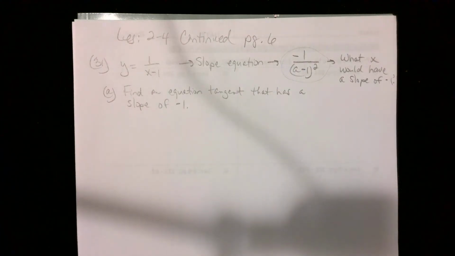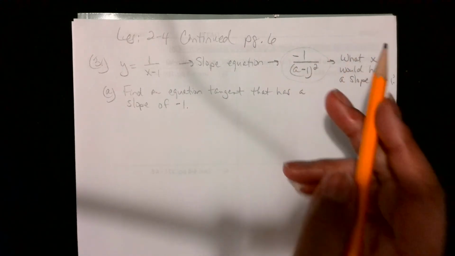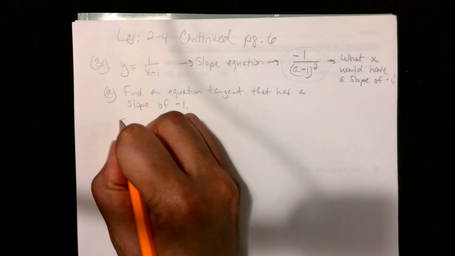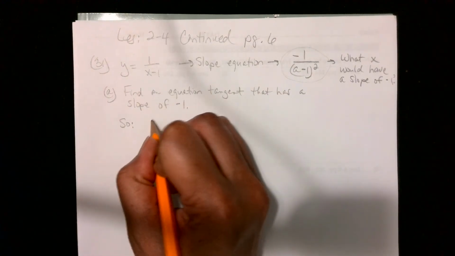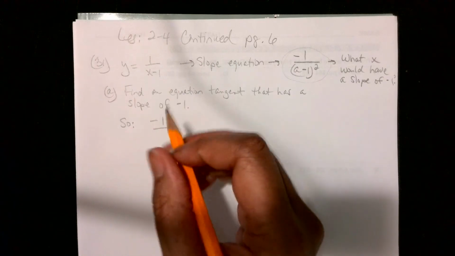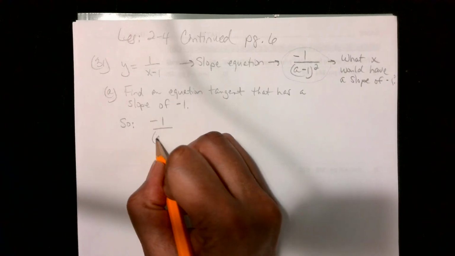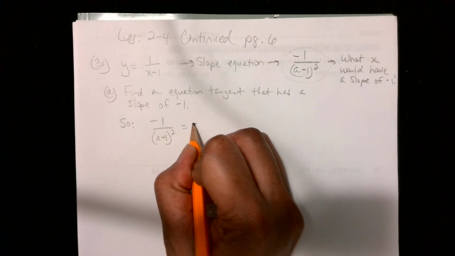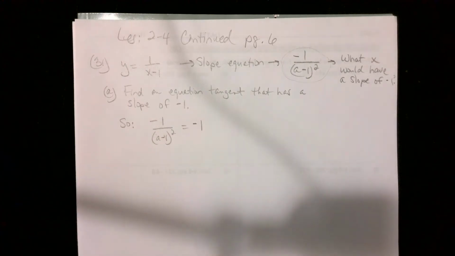And so we use a slope equation that we got from 21. So we take -1 over a minus 1 squared, and we set that equal to -1.